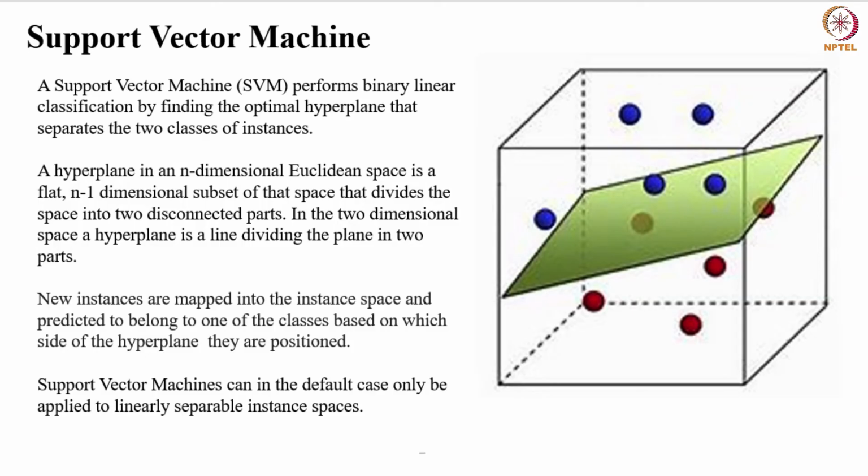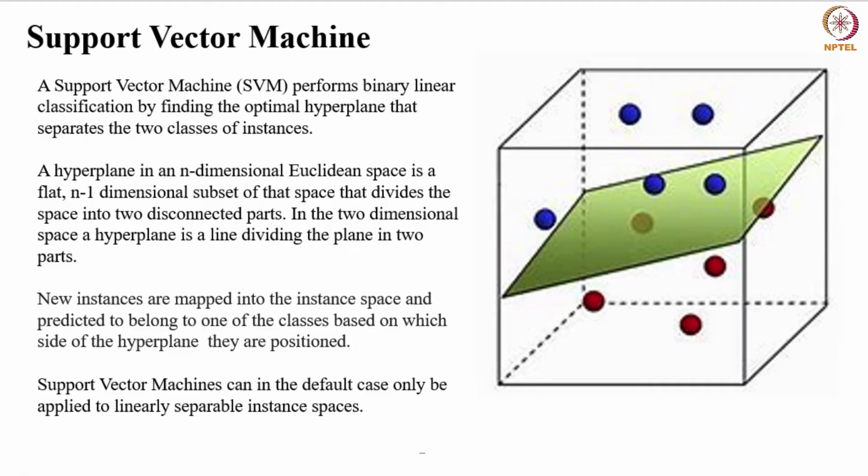A support vector machine, or SVM, performs binary linear classification by finding the optimal hyperplane that separates the 2 classes of instances. So it's a typical instance of a binary linear classifier. A hyperplane in an n-dimensional Euclidean space is a flat n-1 dimensional subset of that space that divides the space into 2 disconnected parts.